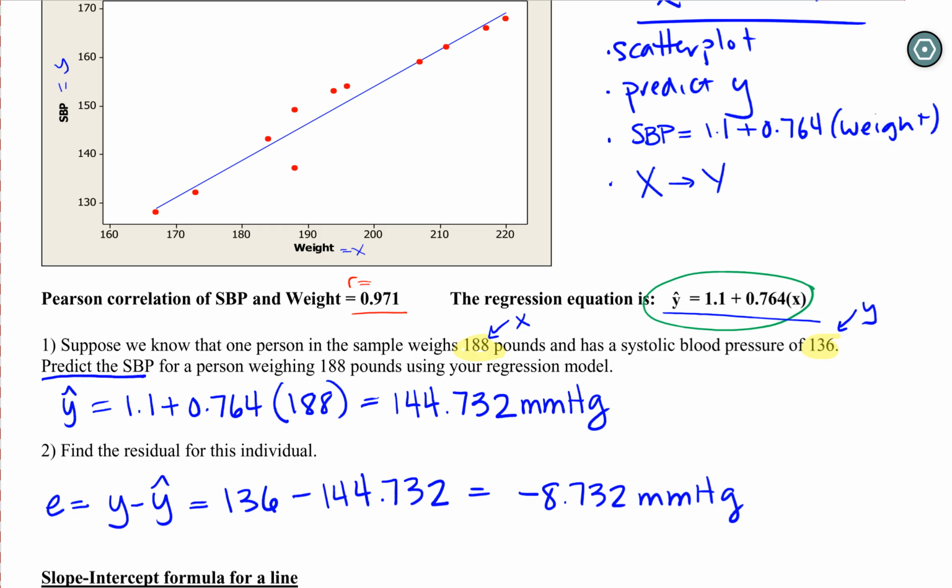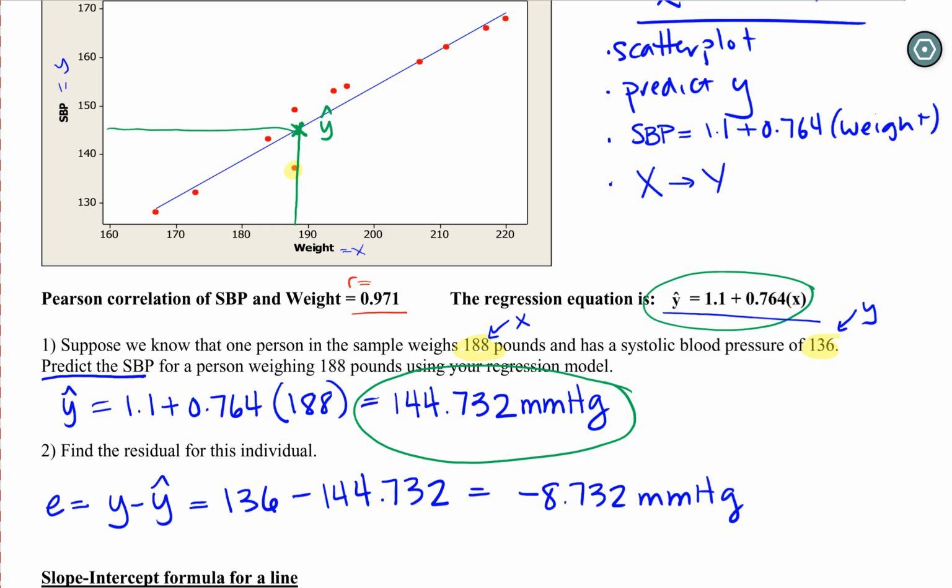And we can actually see all of this on the regression line in the scatter plot, which is why the scatter plot's here. So this 188-pound person with a blood pressure of 136, that's this person right there. And when we came up with our prediction, this 144.732, what we did is we came to 188 and figured out that this was what we expected the person to have.